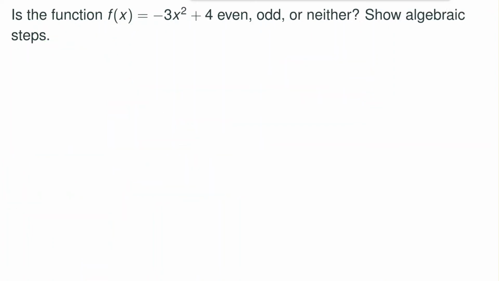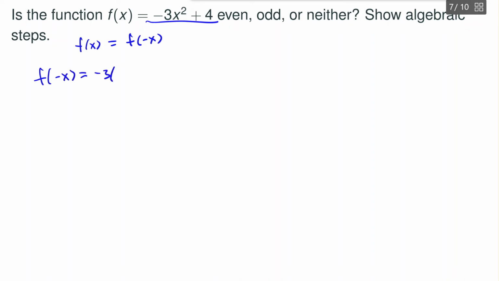Is the function negative 3x squared plus 4 even, odd, or neither? Show algebraic steps. If it were to be an even function, f of x equals f of negative x. So let's check this first. We already know f of x, so we plug in negative x and simplify.